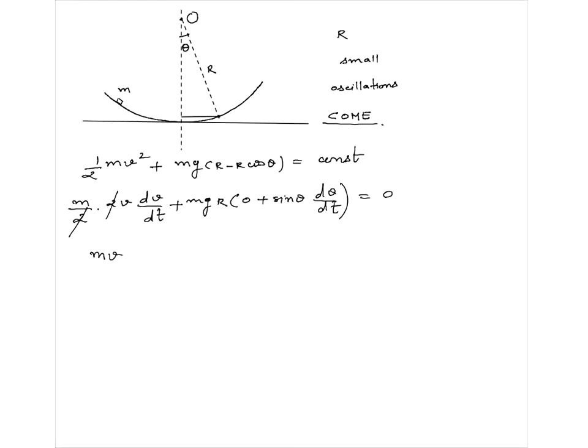So we have mv. What is dv by dt? Acceleration. Which acceleration? Tangential acceleration or radial acceleration? This is circular motion. That's good.